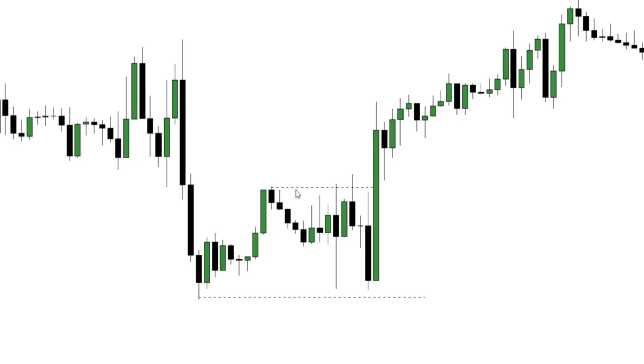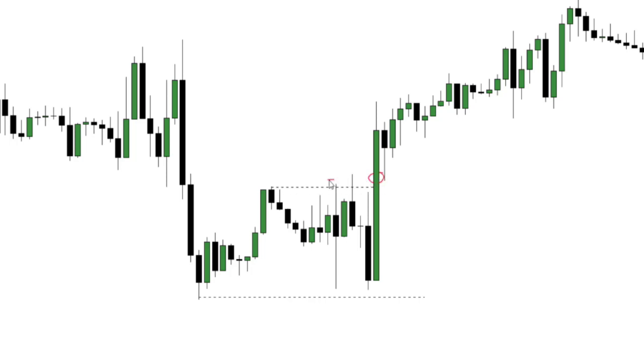So for you to identify the structure, all you need to do is to pick your line, put it here, draw it horizontally to the last point here, where you can literally see price pushing above it with the body of the candle. So if you are saying you have broken structure here, what you need is for the body of the candle to close above this line.